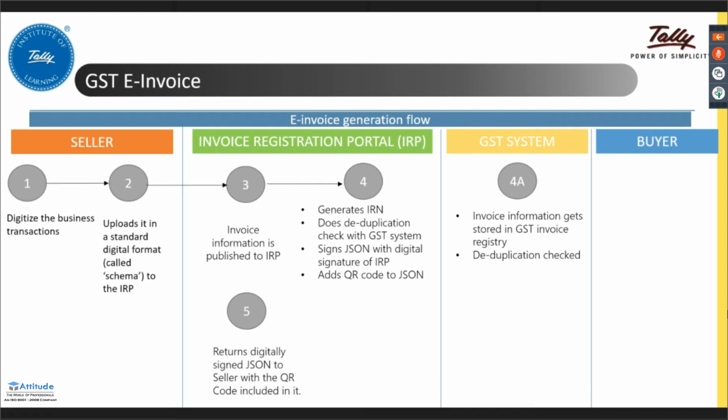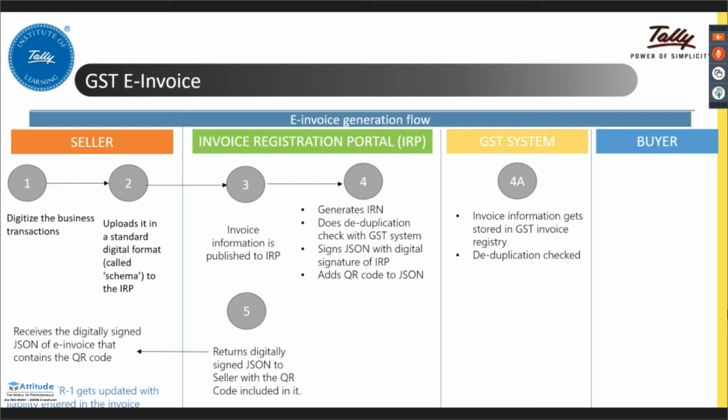Now this invoice is in the IRP. Then the information will be sent to the seller. Now the seller is receiving the digitally signed JSON of the e-invoice that contains the QR code.